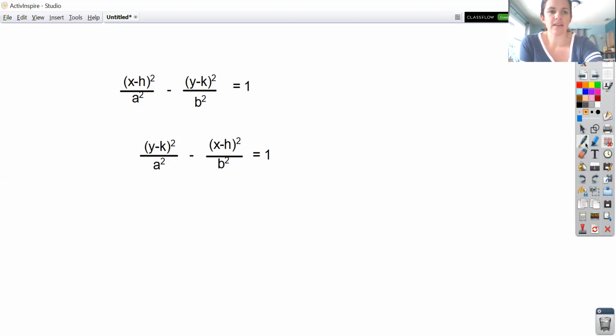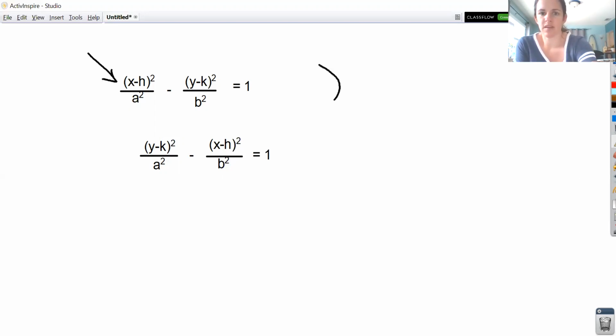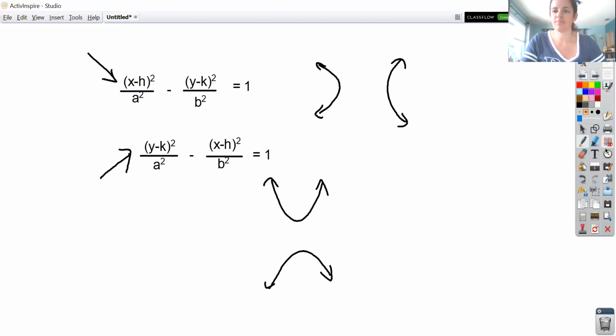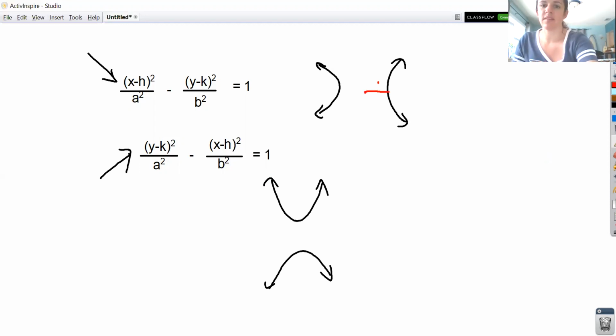So if the x term is first, then it opens horizontally, and it would look something like that. But if the y term is first, then it's a vertically oriented hyperbola, and it would open up and down. If it opens sideways, then the distance from the center to the vertex, that's A, is in the x direction, so it's underneath the x term.